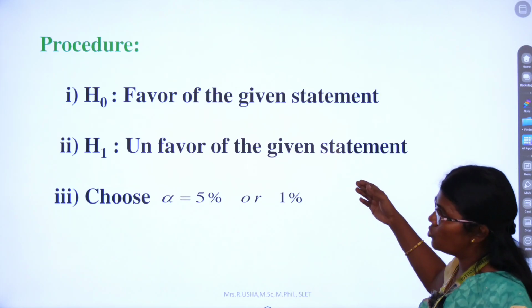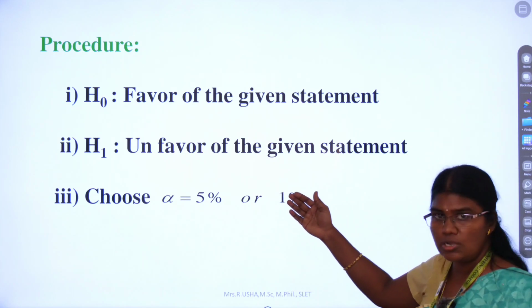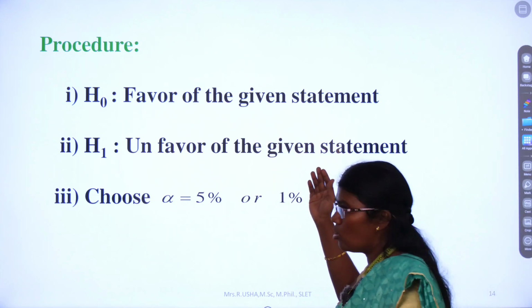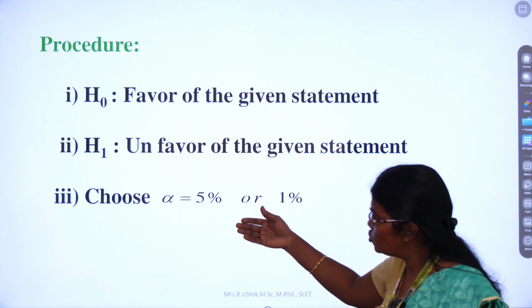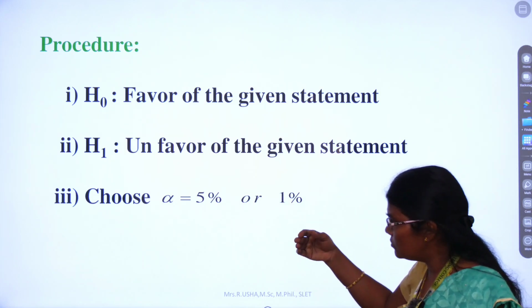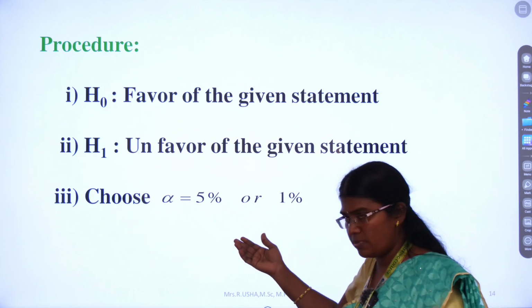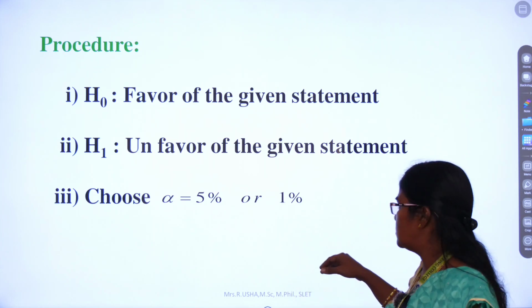Next, this is the procedure we are going to apply. First we set up H0 in favor of the given statement, and H1 against the given statement. And choose alpha; if alpha is not given, we choose alpha as 5% or 1%.